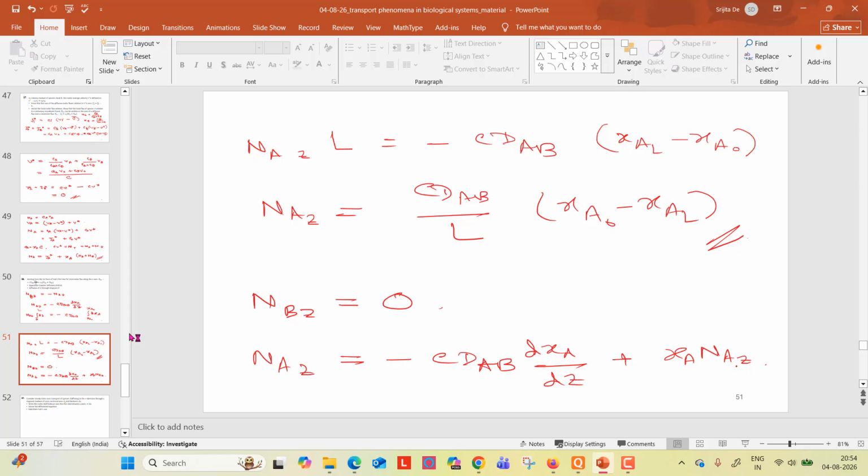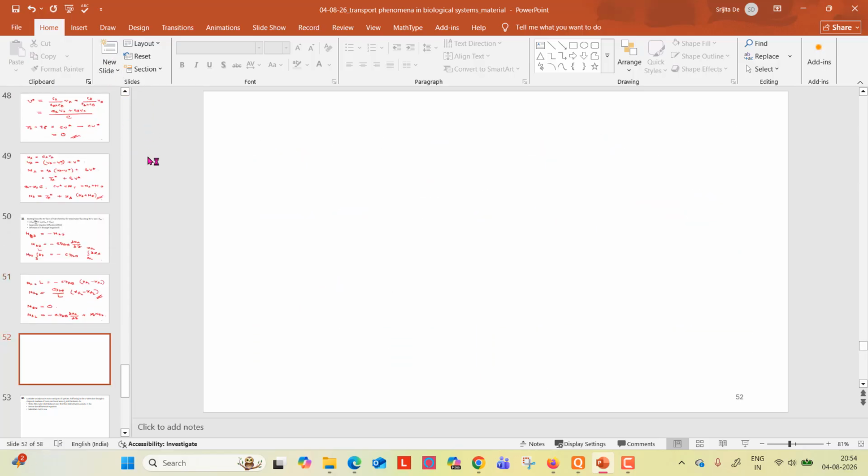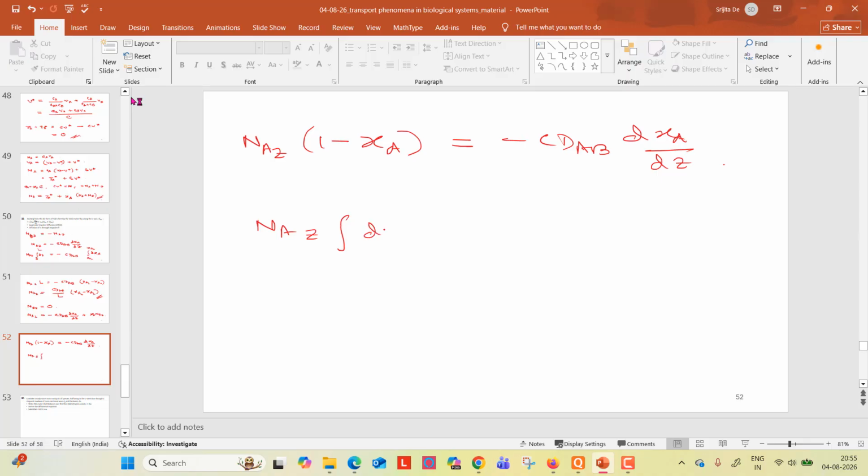So now if we integrate it, NAZ into 1 minus XA equals minus CDAB dxa dz. Now if we integrate it, NAZ integration of dz from 0 to L equals minus CDAB integration of dxa by 1 minus XA from XA0 to XAL.